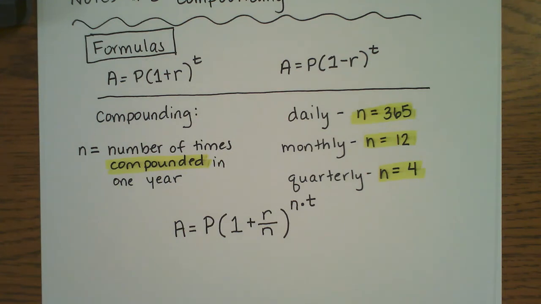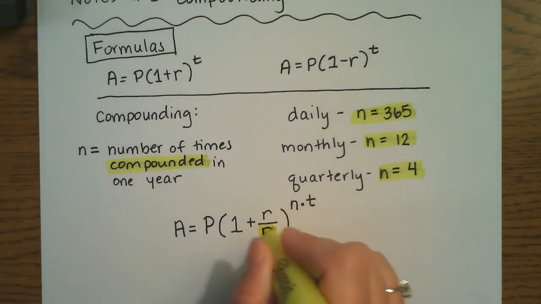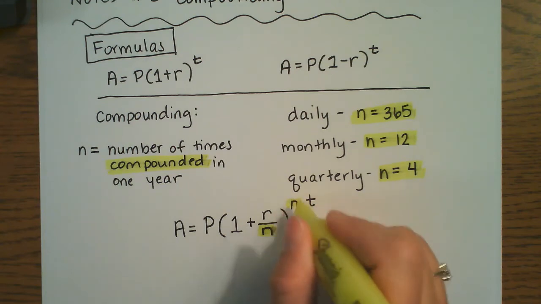So we've introduced this variable in two different places in this formula. Because on the bottom and up in the exponent.